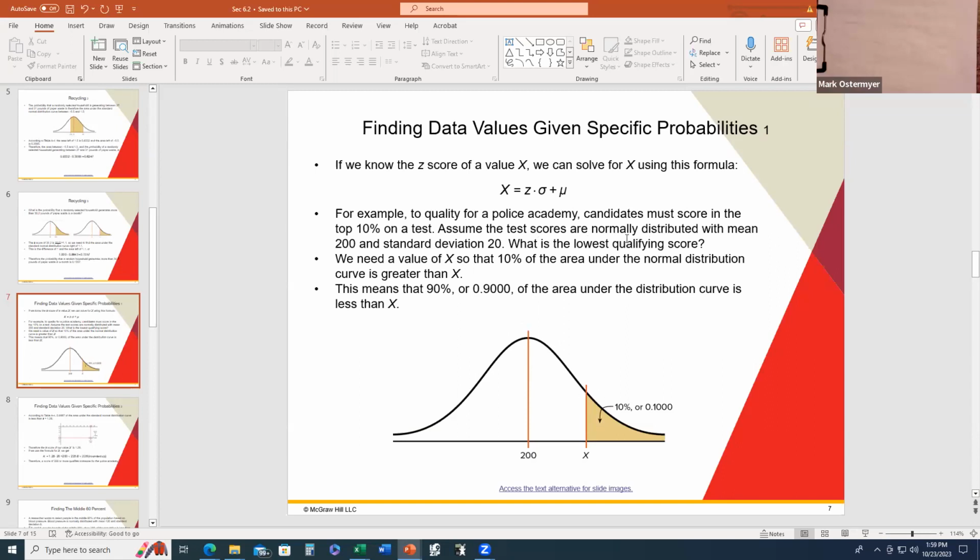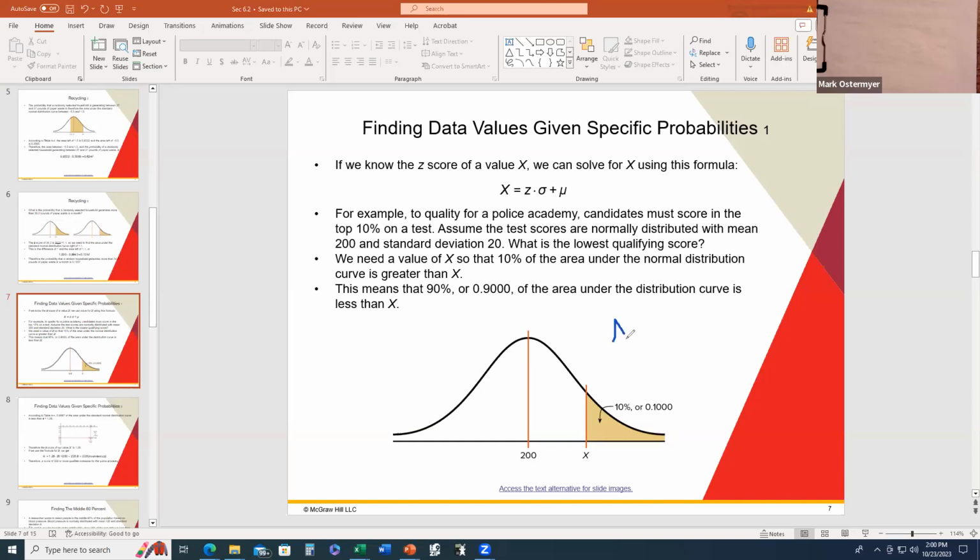Assume the test scores are normally distributed with a mean of 200 and a standard deviation of 20. What is the lowest qualifying score? In other words, what's the lowest score you can get on this examination, ladies and gentlemen, and still qualify for this academy? We're going to find that out. Notice now they give us the area. The upper tail area is 10% of the area of the entire normal distribution curve.